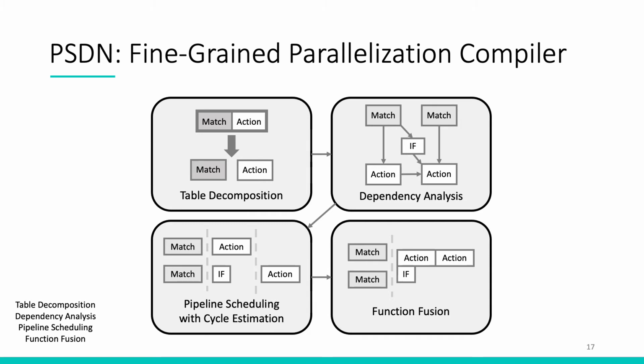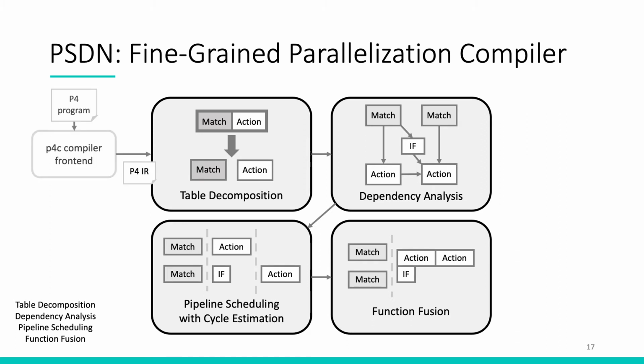Then the cycle estimator estimates the latency of each function, and the pipeline scheduler schedules the functions with clock cycle information. Here, the independent functions can be allocated in the same pipeline stage. Function fusion merges the adjacent actions to reduce synchronization points.